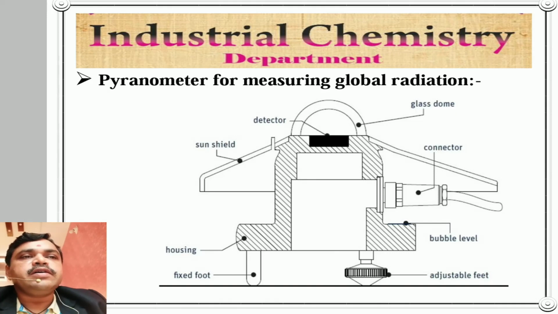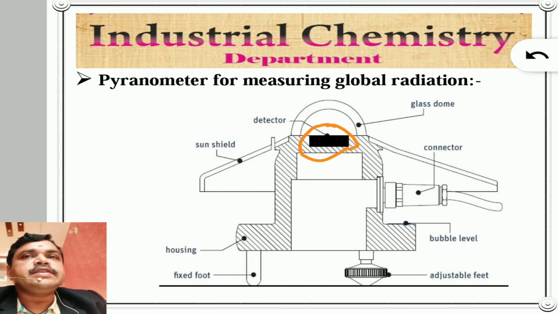It is the hot junction of thermopile. Hot junctions of thermopile are connected to the black surface while cold junctions are in a place where no radiation is coming.